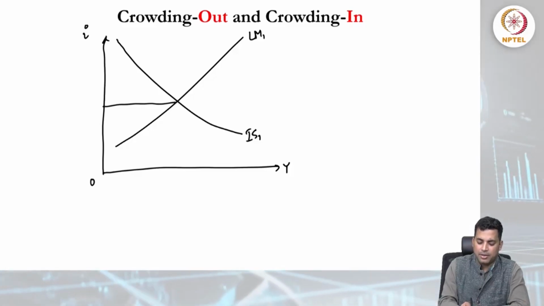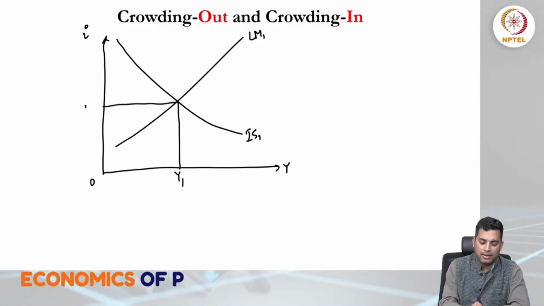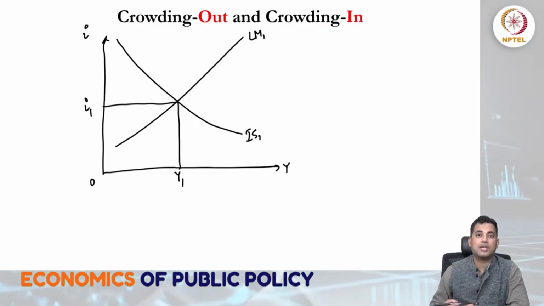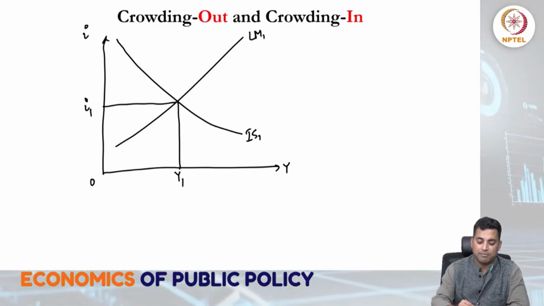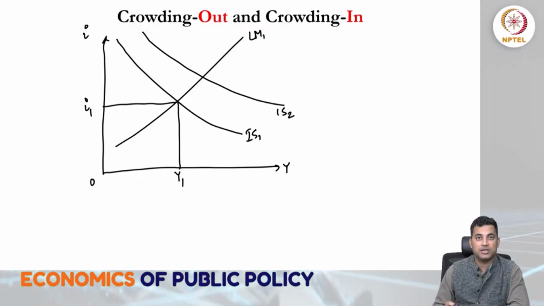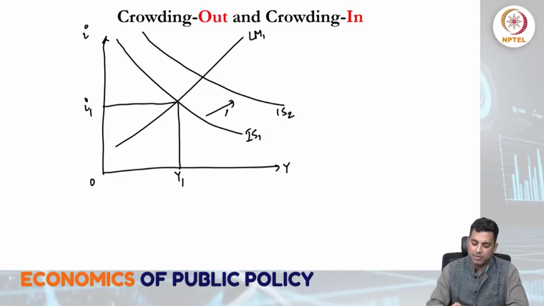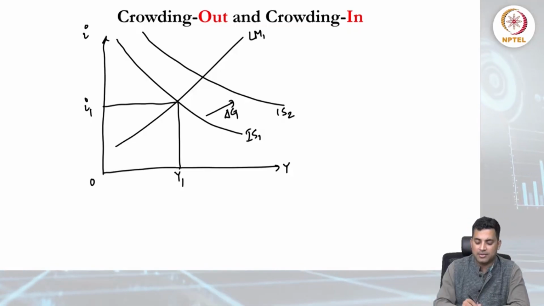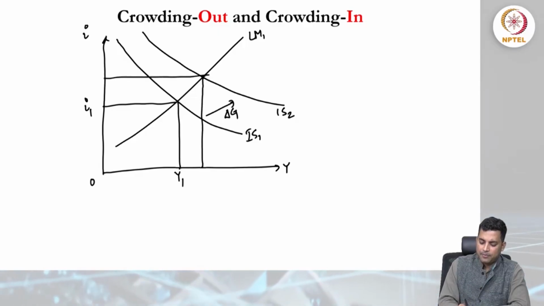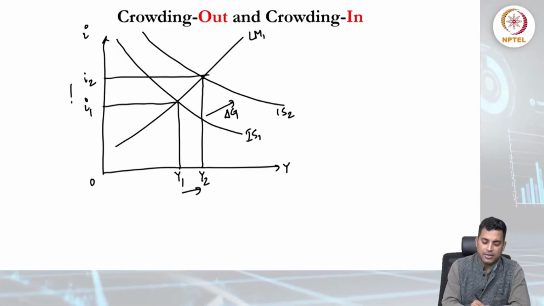So here the first equilibrium point along with OY1 and then I1. Suppose government expenditure increases through expansionary fiscal policy, then we know that the IS curve shifts upward, and this shifting is because of changes in the government expenditures, and we can see clearly that rate of interest is increasing, output has increased, and rate of interest also has increased.